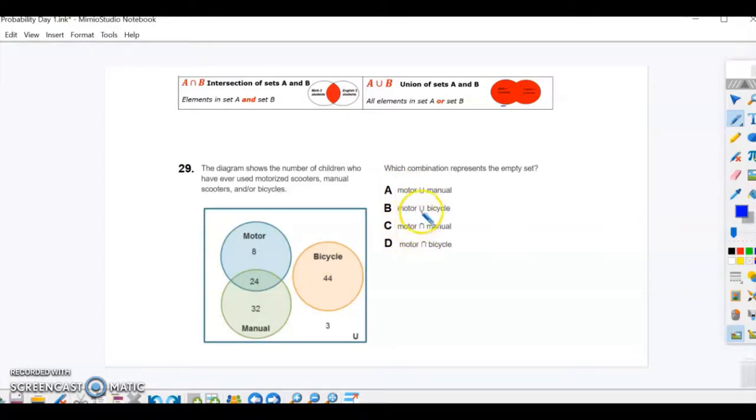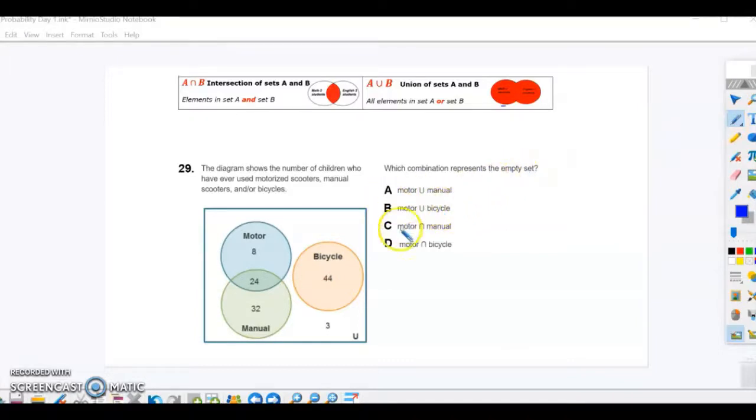Motor intersected with manual. So anybody who has a motor and manual, is that an empty set? No, there are 24 people that are in the intersection of a motorbike and a manual bike, so that is not empty. And what about the intersection of a motorbike and a bicycle?